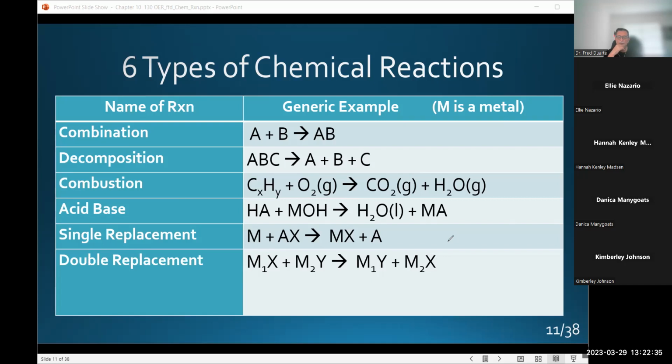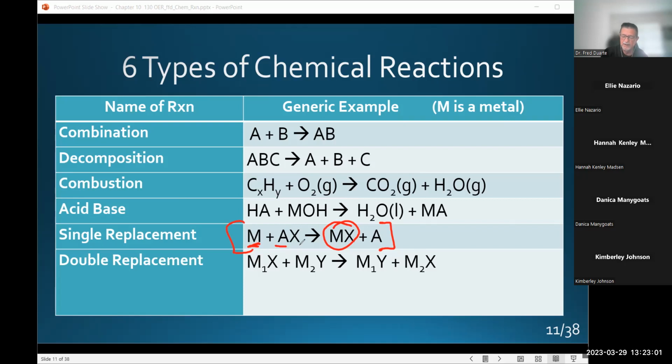It has to do with the reactivity of the two different metals. Another way to say that for a single replacement reaction is that the metal M in this scenario is a lot more stable in ionic form than A is.